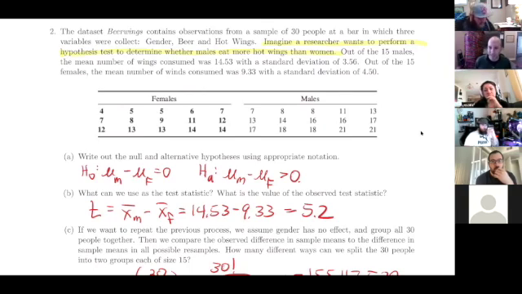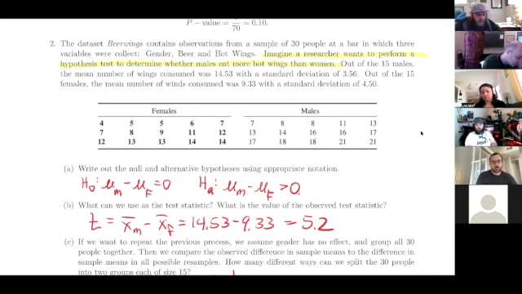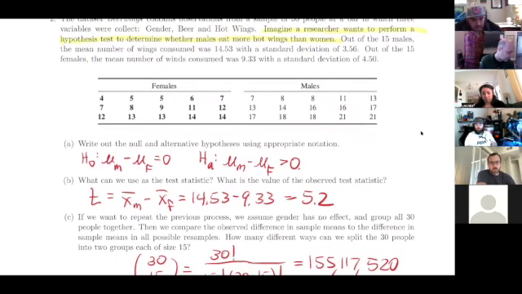I don't know, that was their research. They picked a sample of males and looked at how many wings they consumed, then did the same for females. If they're trying to determine whether males eat more hot wings than women, we can state the hypotheses in the following way.